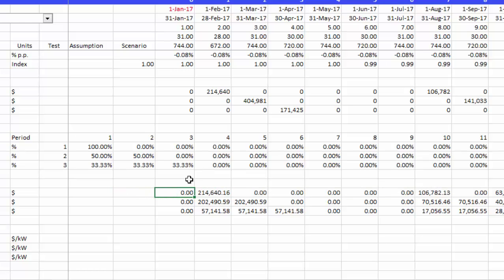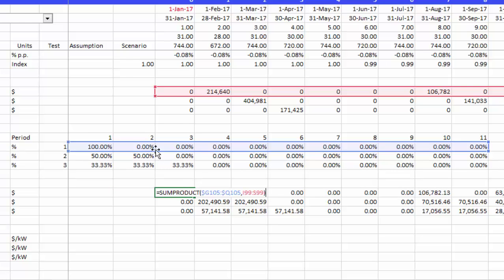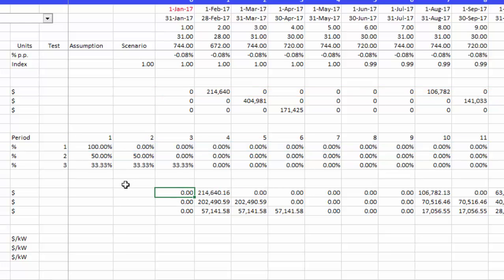It worked, because what it did is it multiplied all these by zeros. It just took the first one times the SUMPRODUCT of the whole range. So this is only 100% now.